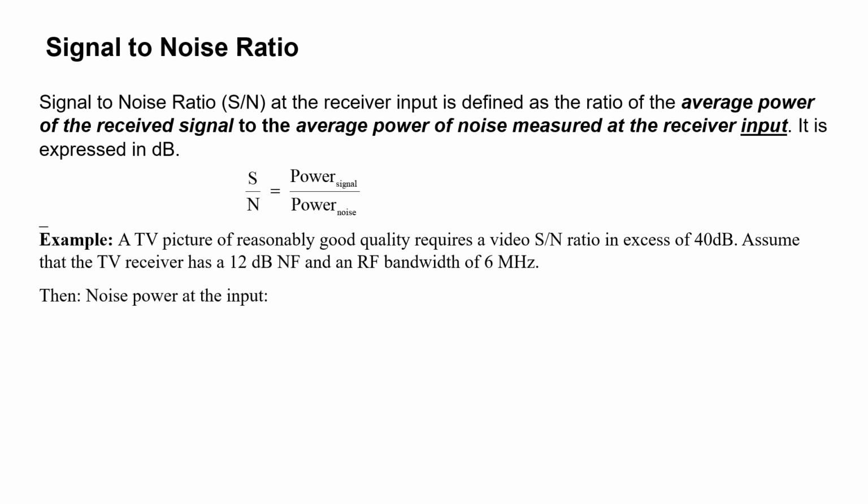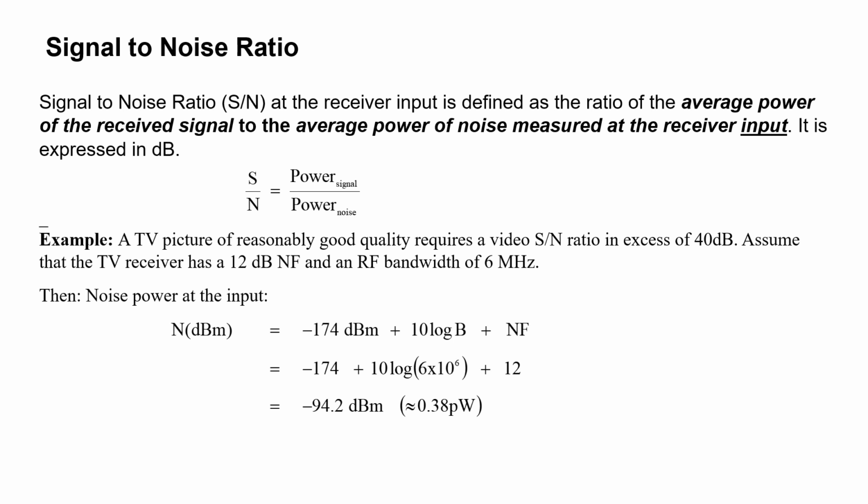Then the noise power at the input would be minus 174 dBm plus 10 log B plus noise figure. Now, minus 174 dBm plus 10 log B is what we have been calling previously the thermal noise in dBm, plus noise figure, that is the excess noise generated by the receiver itself.